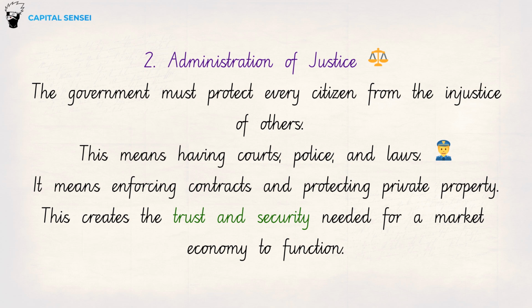Think about it. Why would you invest your life savings to build a factory if someone could just burn it down or take it from you without any consequences? A predictable legal system is the bedrock upon which the entire market economy is built. It creates the trust and security necessary for people to invest and trade with each other.